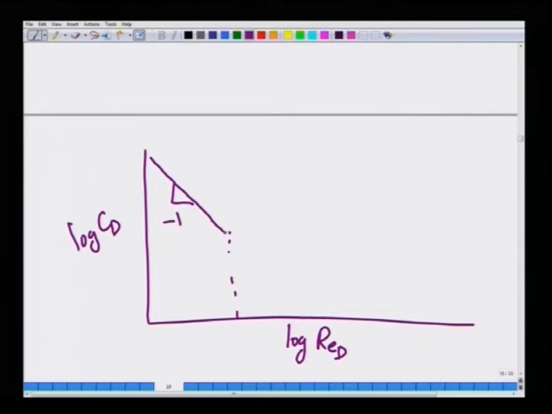After that, there will be a zone of constant drag, and then suddenly the drag decreases at a Reynolds number of about 10 to the 5.